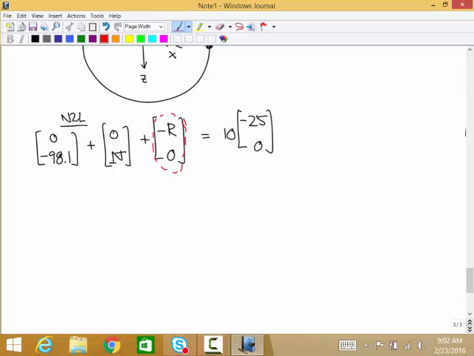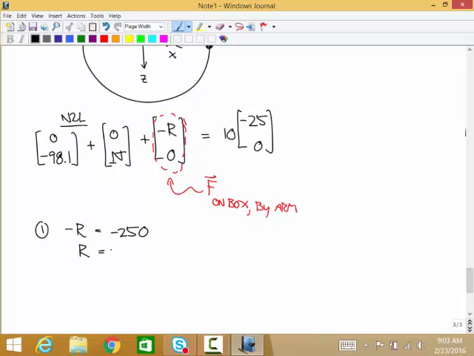This one here is the force vector on the box by the arm. So we know what that is as soon as we figure out the value of this variable r. So the first equation says negative r is equal to negative 250.